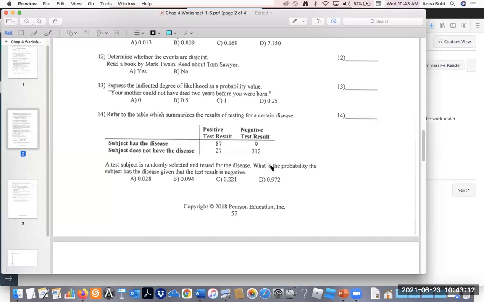So you just put your focus after given, whatever is the population or whatever is the event, because it says the word given: test positive, test negative. So what is the probability that the subject has disease? So 9 out of... you just don't look at the whole total, just the total of test results negative, because that's after given. So given that population that has a test result negative, what is the probability that it has disease?